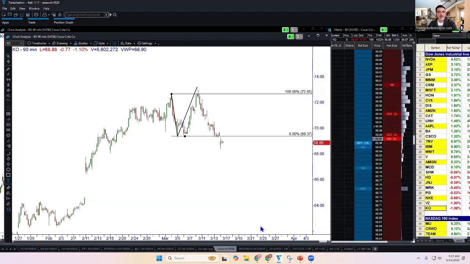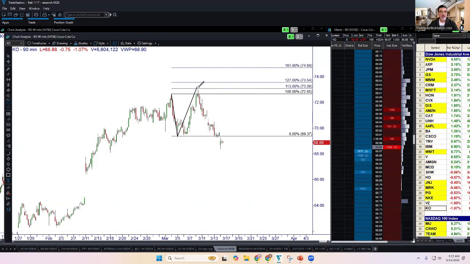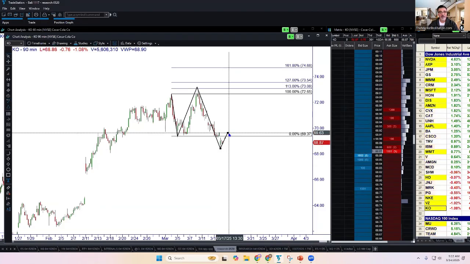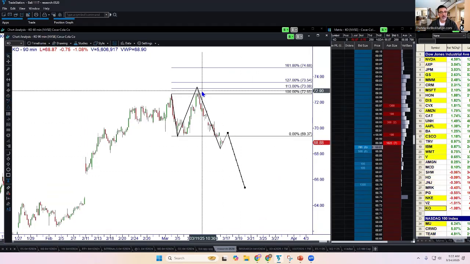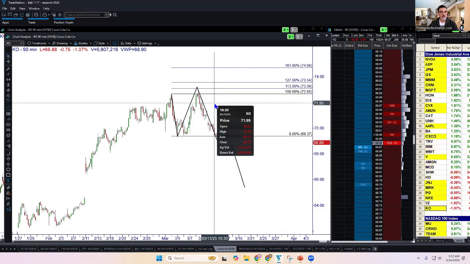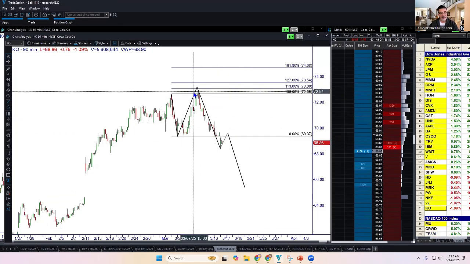So price popped up, hit the 113 extension, which then gives us the next move down, shallow retrace, and then a continued move down. Now, with that first measurement lining up, we're able to associate a price pattern that typically uses that.